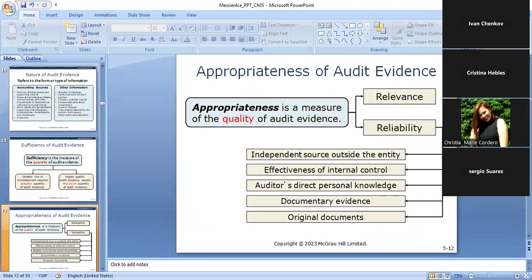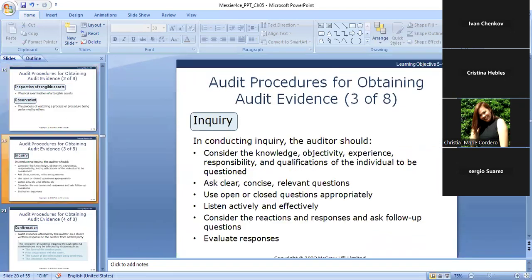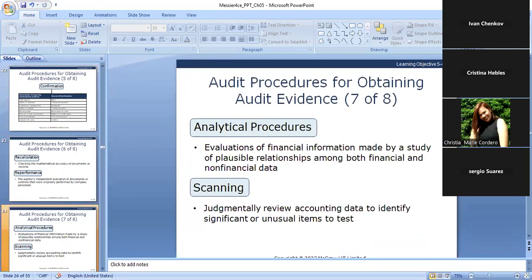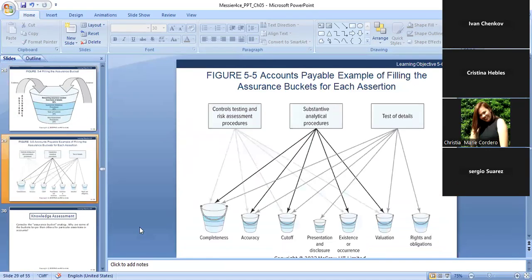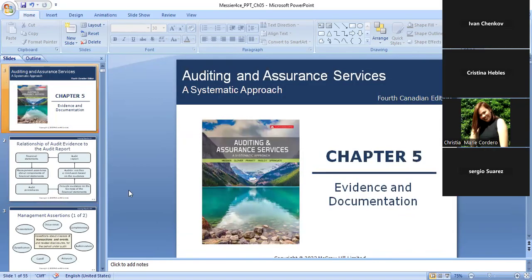If you see a big bucket like this, what does that mean? We have to have more. It's more because there are more things that are completed, more transactions completed. So watch this. Again, what's the chapter about? It's evidence, more evidence. Evidence and documentation.